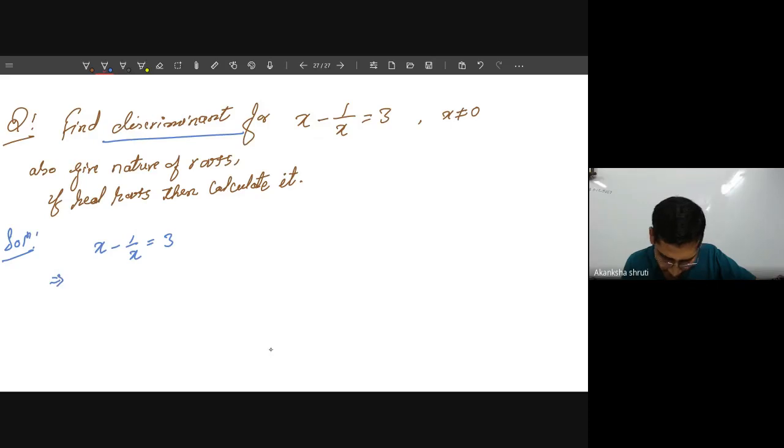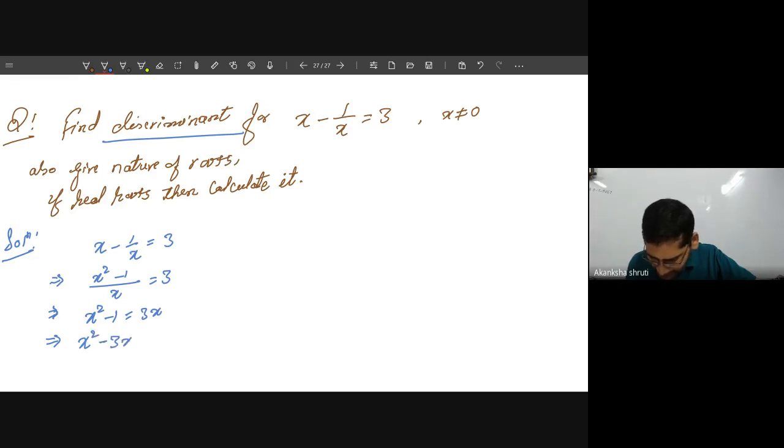This is an equation, so you have to put the imply symbol. You have to take the LCM simply. So it becomes x square minus 1 is equal to 3x. Then you have to bring this 3x to the left hand side, writing in descending power of x.